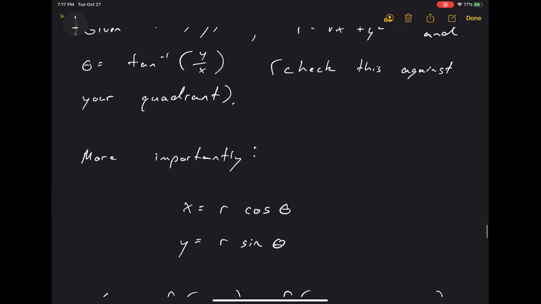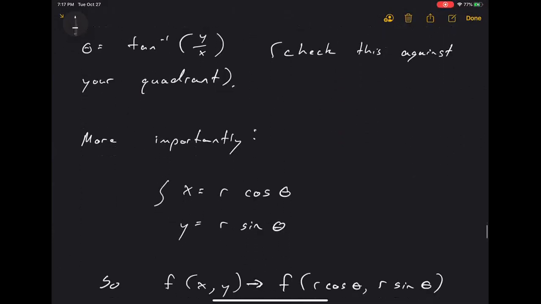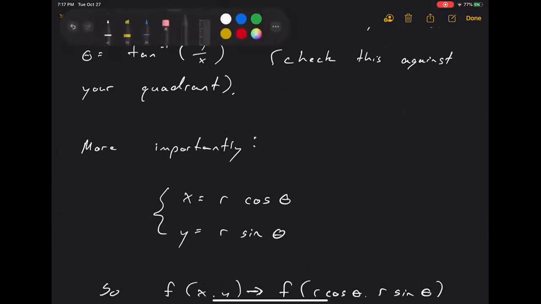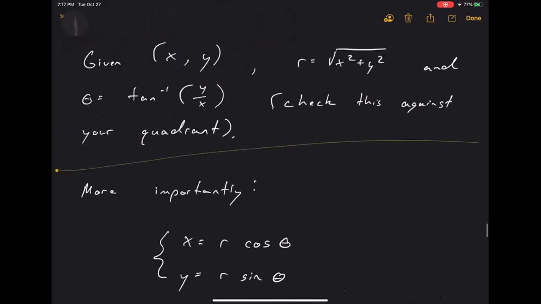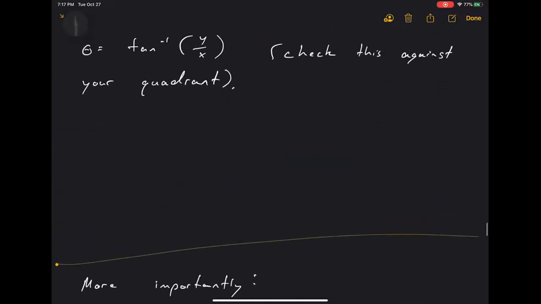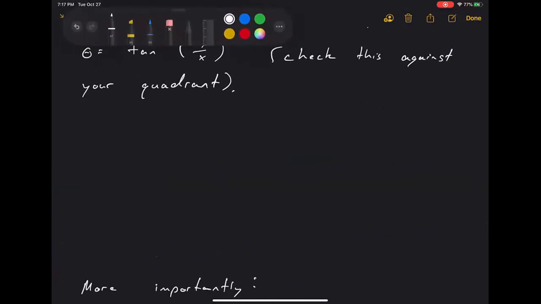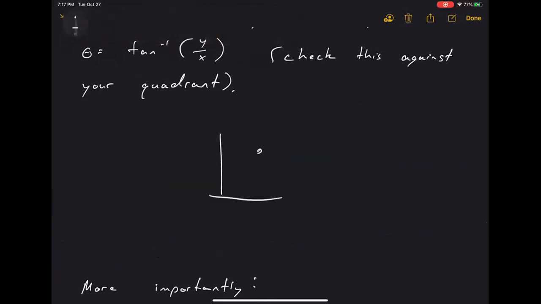But more importantly, we have these equations here. x equals r cosine theta, y equals r sine theta. In my polar coordinates video from Calc 2, I talk all about this. We have a point x, y. I want to convert to r, theta. Well, what is this r? This distance is my x coordinate, right? This distance is my y coordinate.